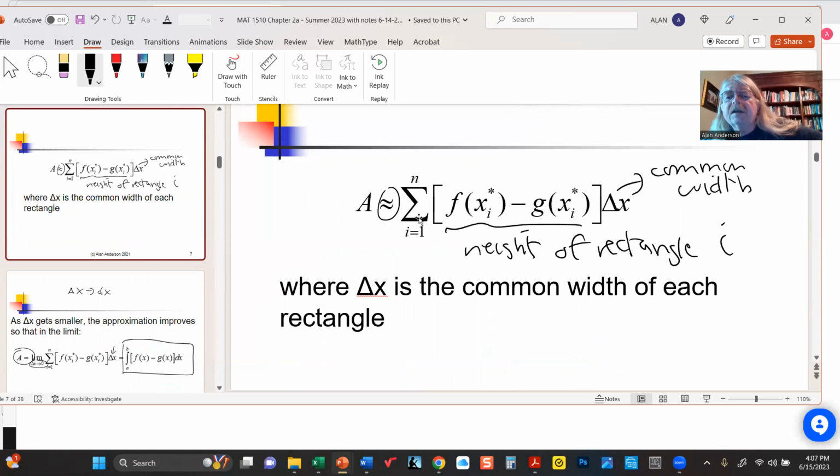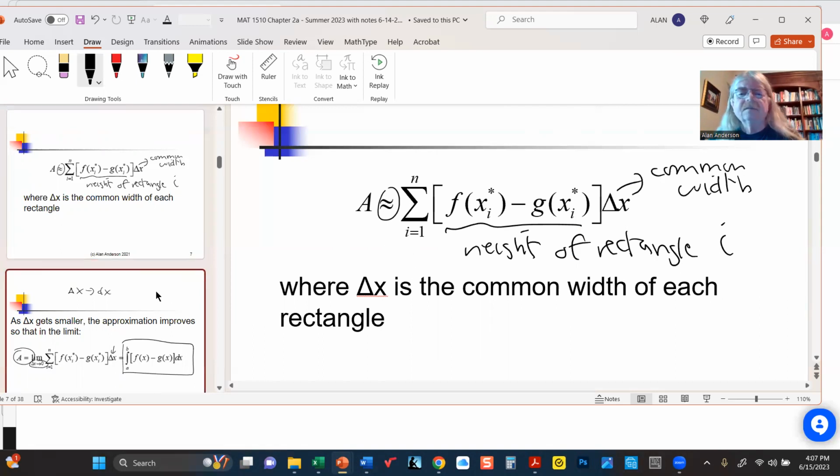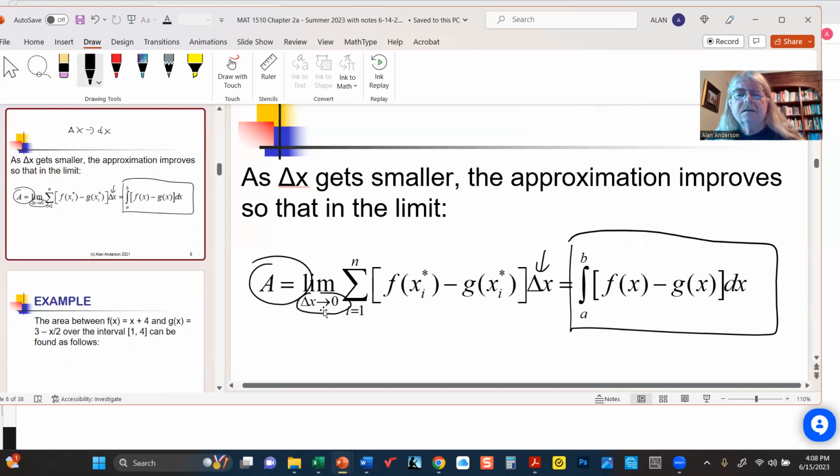So the area is approximately equal to the heights of these rectangles, which represent the difference between the two curves, times delta x. And now what we're going to do is take the limit of this sum as n goes to infinity, delta x goes to 0. And that's what we're seeing here. And in the limit, we have the integral from a to b of f of x minus g of x dx.